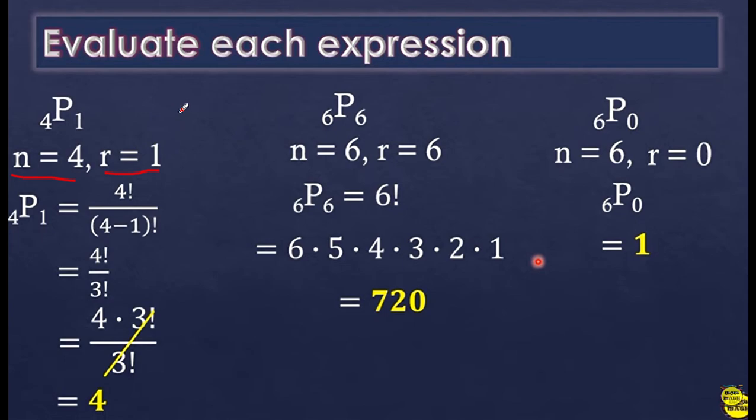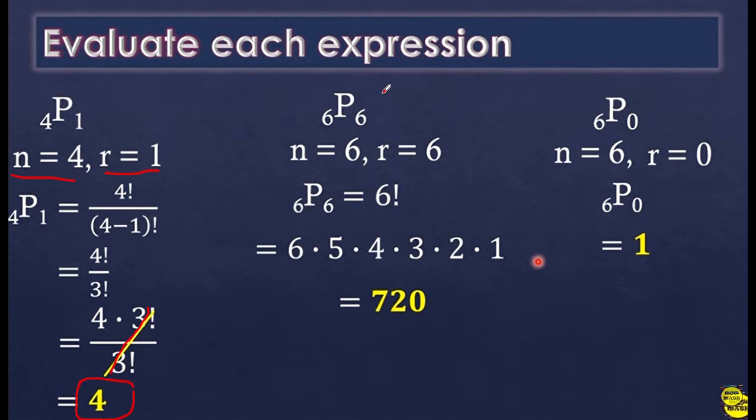Unsa to ang atong formula? N factorial over n minus r factorial. So we have here 4 factorial over 4 minus 4 factorial. So 4 factorial over 0 factorial, which is 1, so our answer is 24.